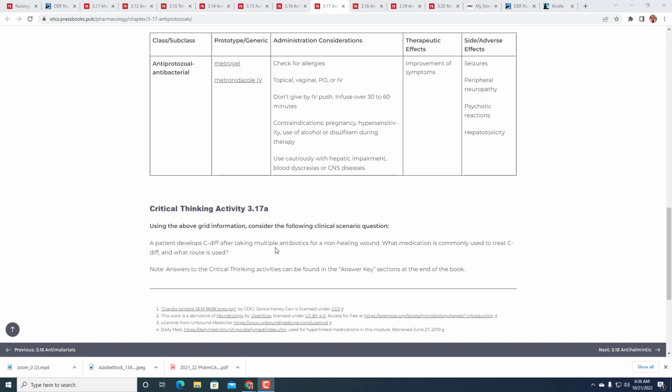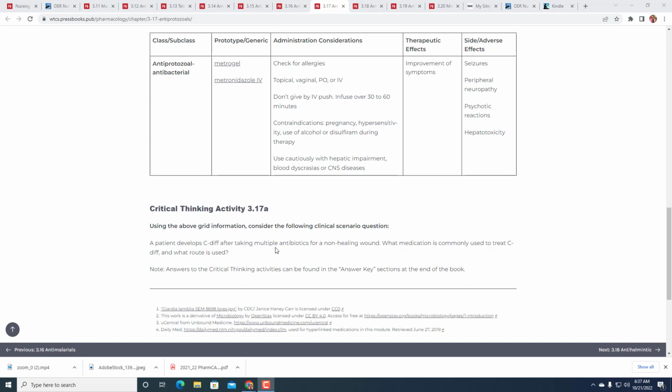But the big one that you're going to watch out for with contraindications is this use of alcohol or disulfiram. Disulfiram is meant to help someone who has alcoholism to stop using it. What it does is it makes them very sick. It's called a disulfiram-like reaction. And when you have metronidazole, the same thing will happen.